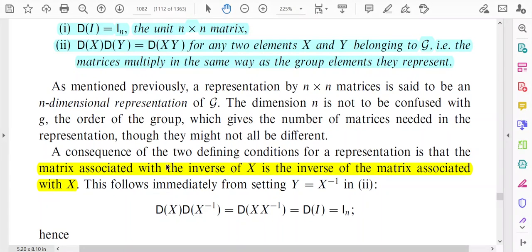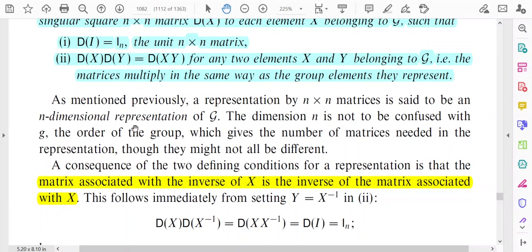These are the two defining conditions for a representation. First, D of I, the representation for the identity element, will be a unit n by n matrix. The second condition is Dx into Dy is equal to D of xy.